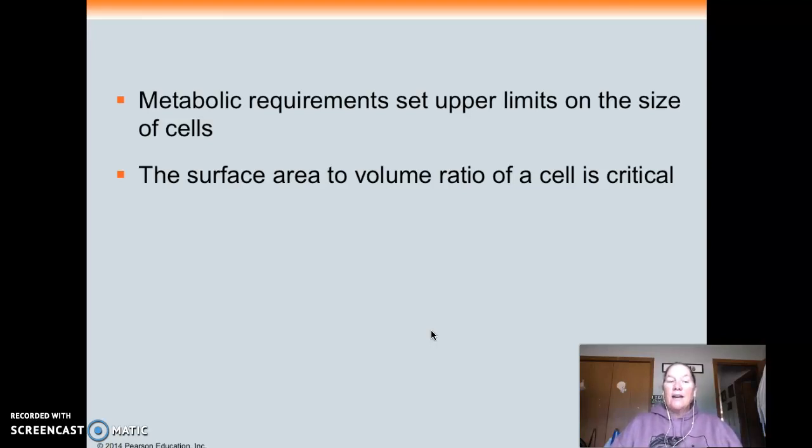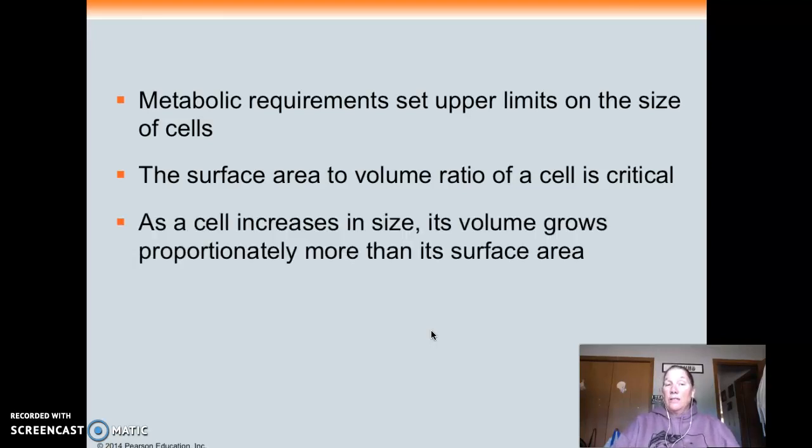So instead of building a bigger gate, which they can't do, they'll divide and get 2 smaller cells and start growing again. But they can only reach a certain size. If they get too big, there's not enough surface area for the volume inside the cell, and they can't regulate what goes in and out. Okay? So as it increases in size, the volume grows, but the volume inside grows faster than the surface area.